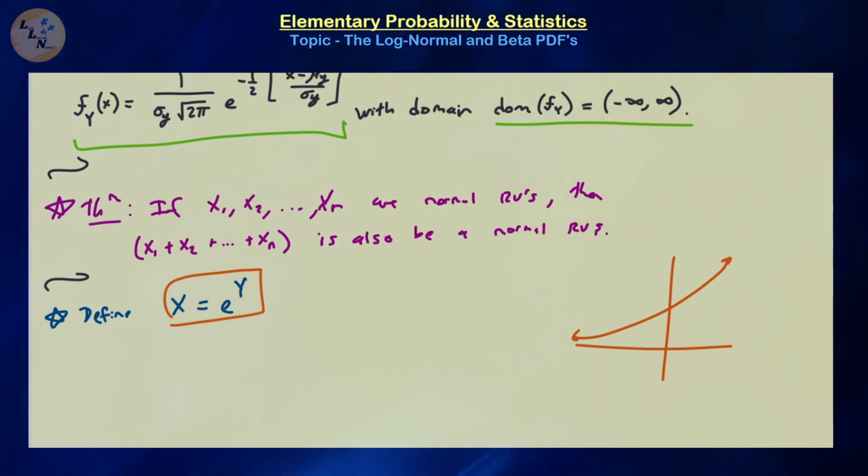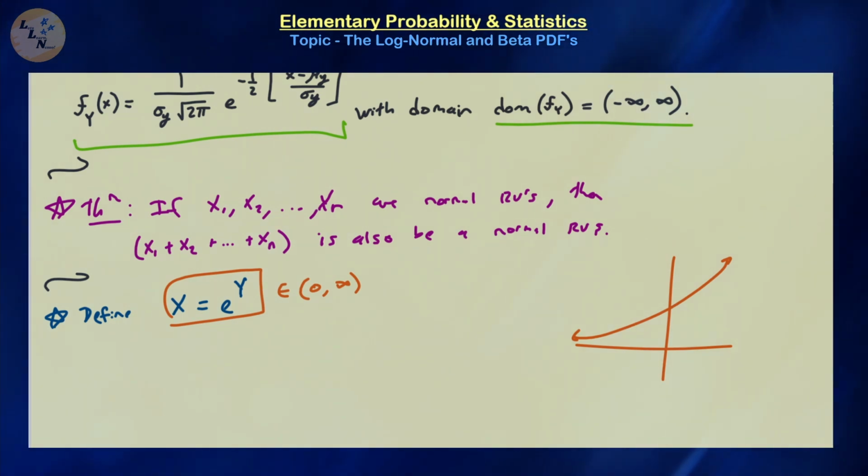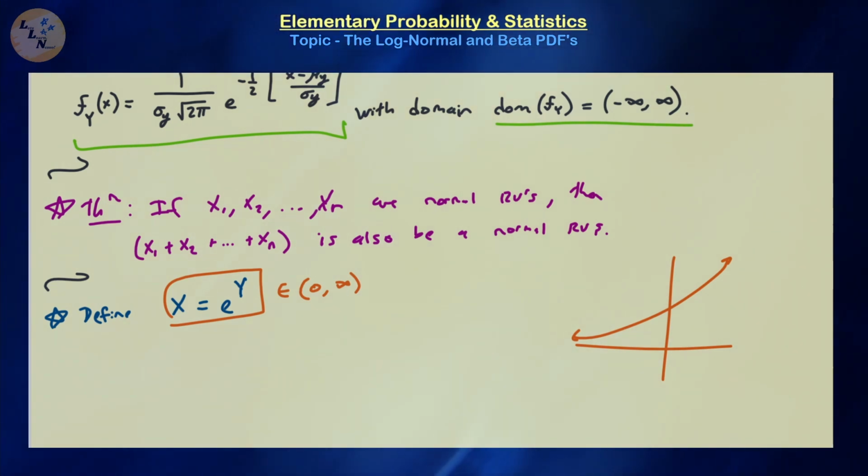So if we're defining y to be a normal random variable, then y is always real. That means x is always going to be non-negative and non-zero. So the possible values of x can only be positive real numbers. That means if y is normal, then x, defined as this random variable, cannot be a normal random variable.